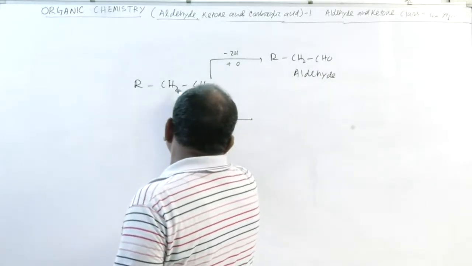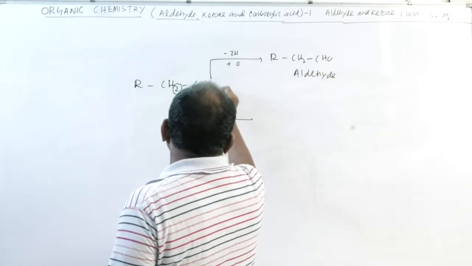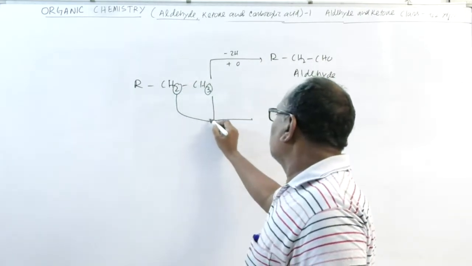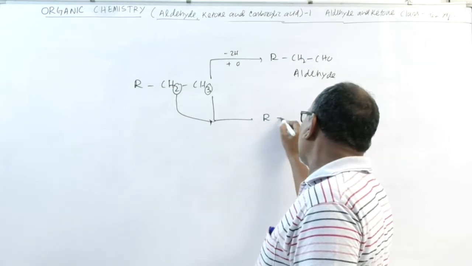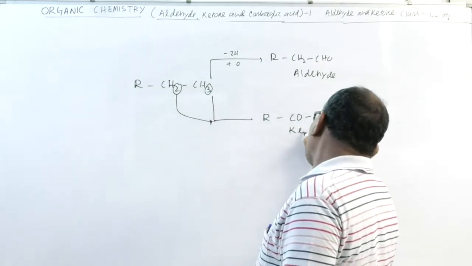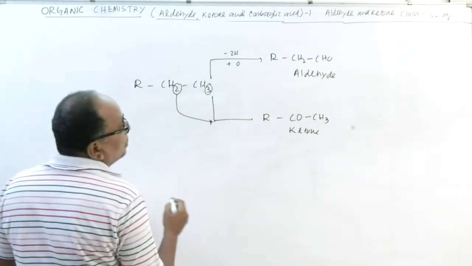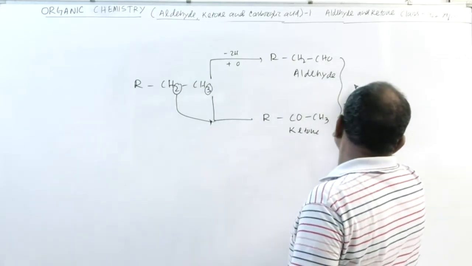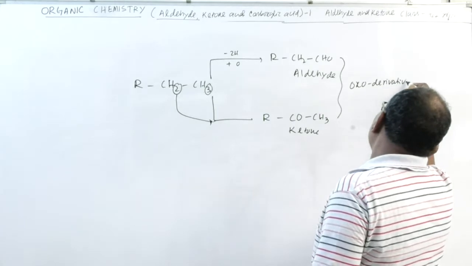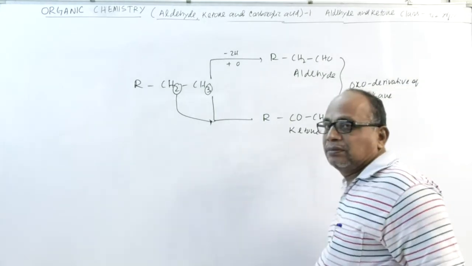Similarly, if you remove this hydrogen, it gives you what? Aldehyde. And if you remove hydrogen from the non-terminal carbon by the oxygen atom, this becomes R CO CH3. This is your ketone. So you can say aldehydes and ketones are the oxo derivatives of alkane.